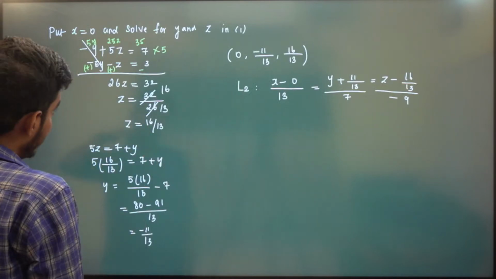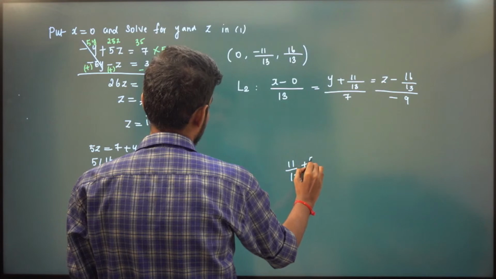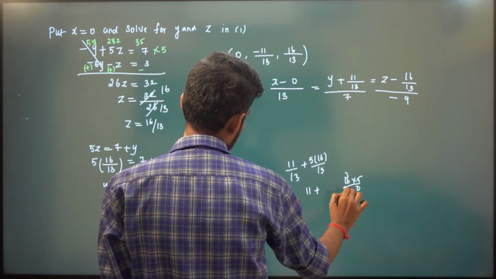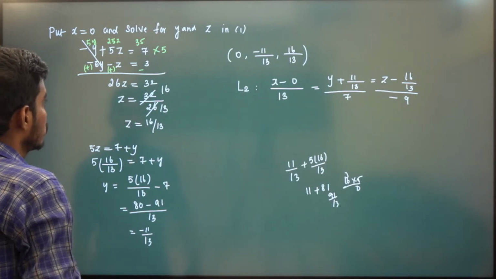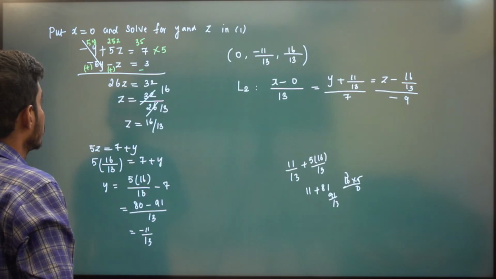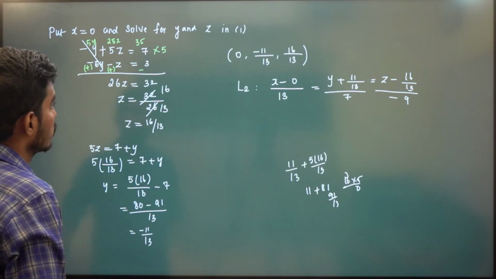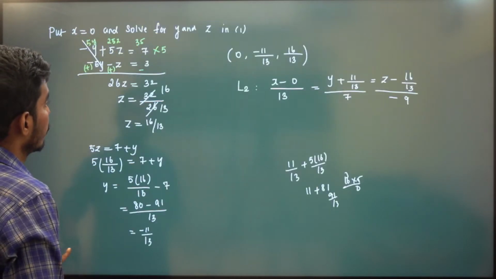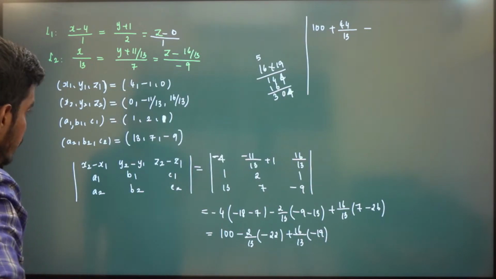See, is everything correct here? Two, 1, 13, 7 minus 9 x 2.